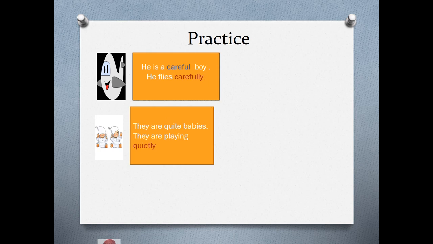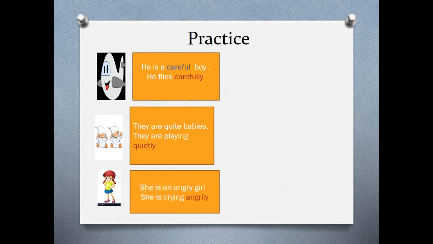I hope you are still writing in your notebook. Okay, next sentences. She is an angry girl. So girl is a noun. Angry is an adjective. She is crying angrily. So angrily is an adverb. Crying is a verb.